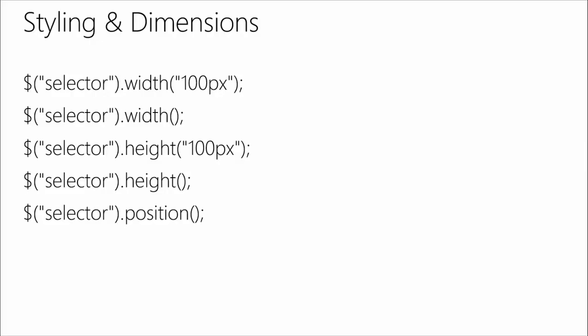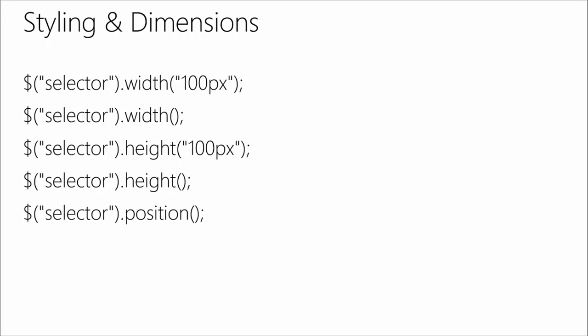Let's see. We did the appending and prepending the class, working with the data of the attributes. But now we can work on styling and dimensions of attributes. So again, the same selectors, with height and position. Position will give you back a nice little multi-part piece of data that you could work with.